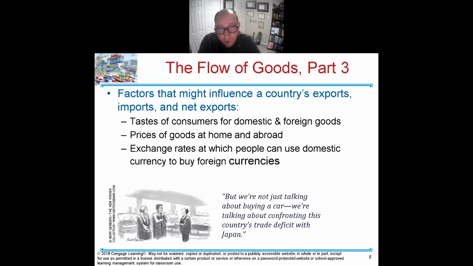If a product can be made less expensive in the United States in comparison to other countries, there's a good chance we'll buy that product domestically. Because the idea, of course, is we're going to pay less wherever it's made.